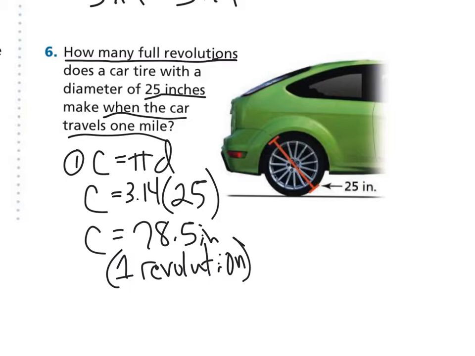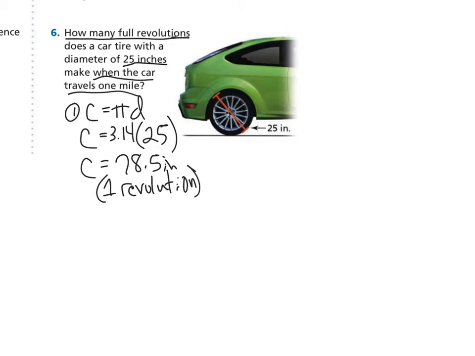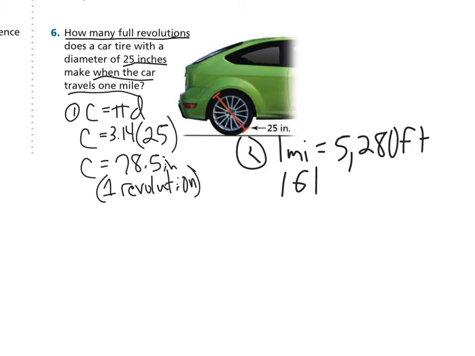The next thing, we're going to have to do some converting. So we have 1 mile. 1 mile, if you look on your reference sheet, is equal to 5,280 feet. And we know that 1 foot is equal to 12 inches.